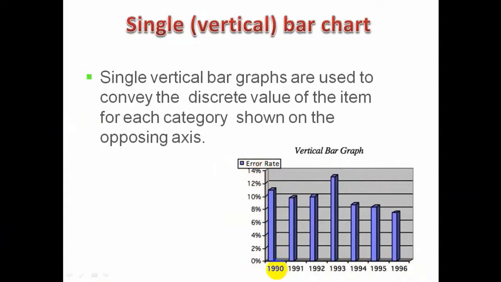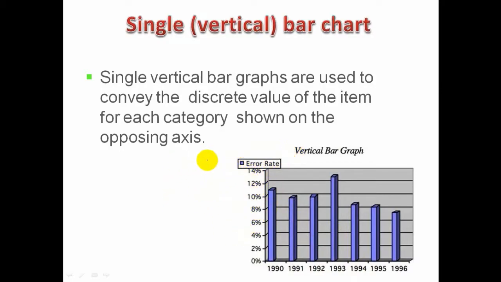Suppose in 1990 the error is above 10%, suppose this is 11%, and in 1991 the error is suppose 10%. You see over here the comparison of 1990 and 1991. So on the x-axis we represent the year, and on the vertical axis we represent the errors.